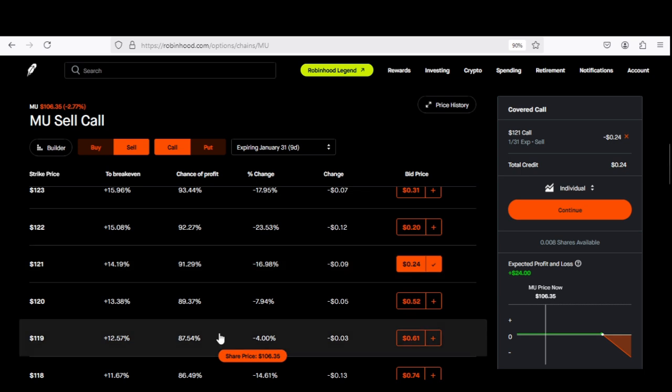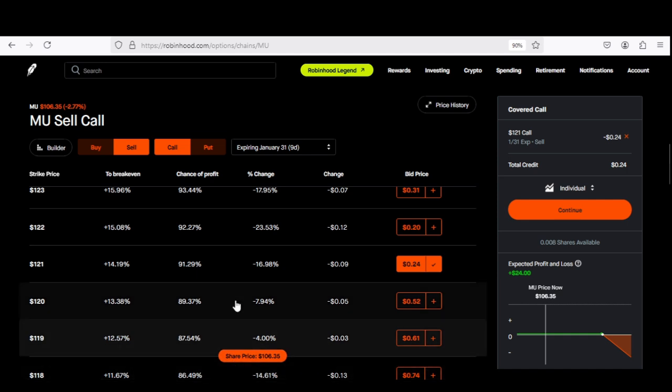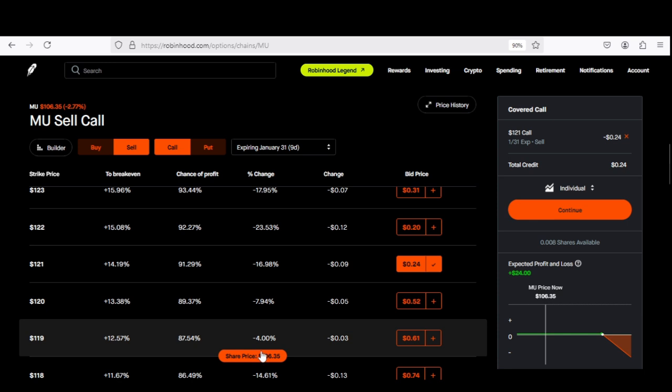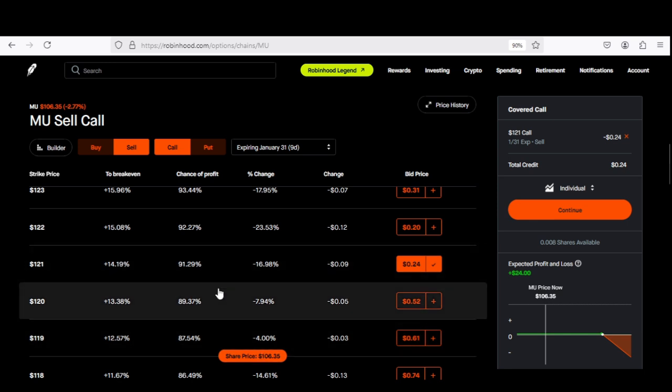You bought the LEAPS option when the share price was around 106, and then you're going to get rid of it. You're going to be assigned, meaning you're going to be forced to sell your shares when the price is like 121. Now, the difference between 121 and 106, that's going to be your stock appreciation. So your stock appreciation is going to be $15. Once again, we're going to multiply that $15 by 100 shares.